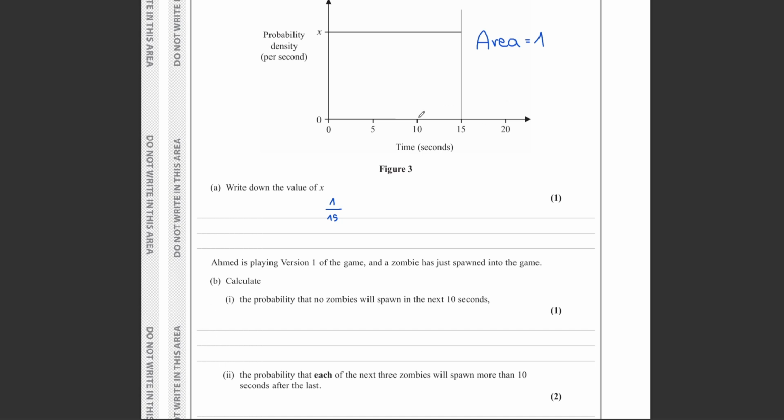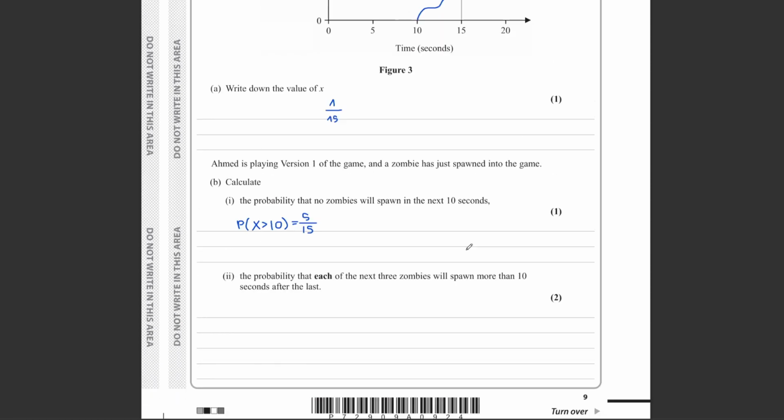So that's the probability that they will spawn after the 10 seconds. And that's 5 out of 15. Next question, we need to use the probability we just found for the next 3 zombies. So that's basically power 3, which is 1 over 27.